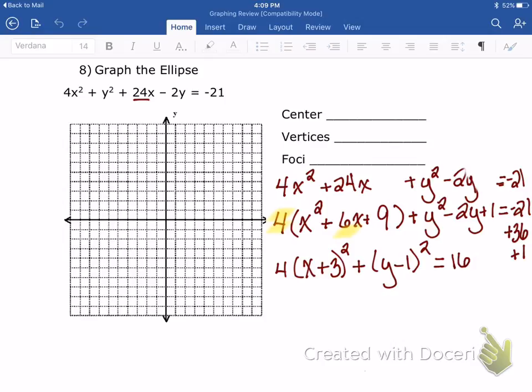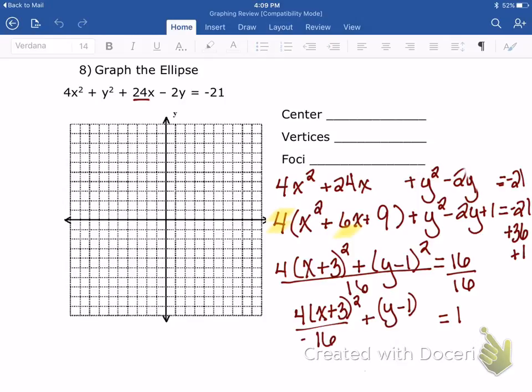Now, at this point, this formula has got to equal 1. So I am going to divide everything by 16 so that we can get this ellipse equal to 1. So I have 4 times (x plus 3) squared over 16 plus (y minus 1) squared over 16.